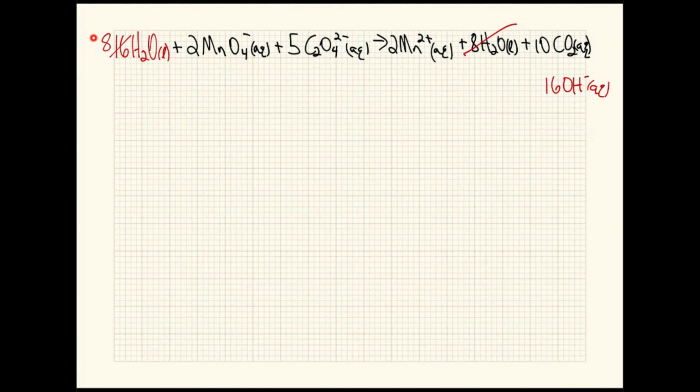We can see that I've got 8 water molecules, 2 MnO4-, 5 C2O4 2-, reacts to produce 2 manganese cations and 10 carbon dioxides with 16 hydroxide anions. And this is my balanced equation in base, where the final step was simply to add as much OH- to both sides of this reaction as the number of H+ that I had in solution.